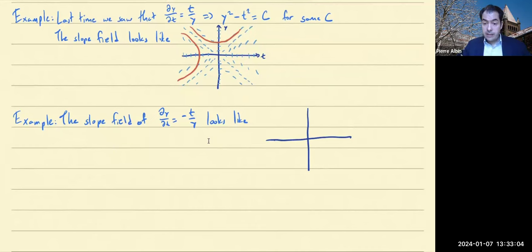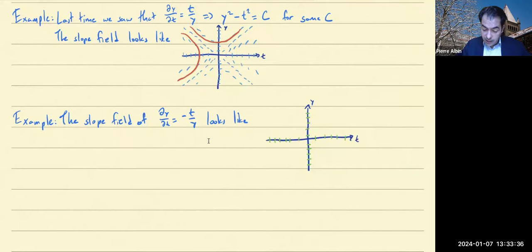Let's think about the easiest cases. Here again, if t is equal to 0, then we'd have slope 0. If y is equal to 0, we'd have infinite slope. Notice that this is really not defined at the origin, so we'll just leave that blank.